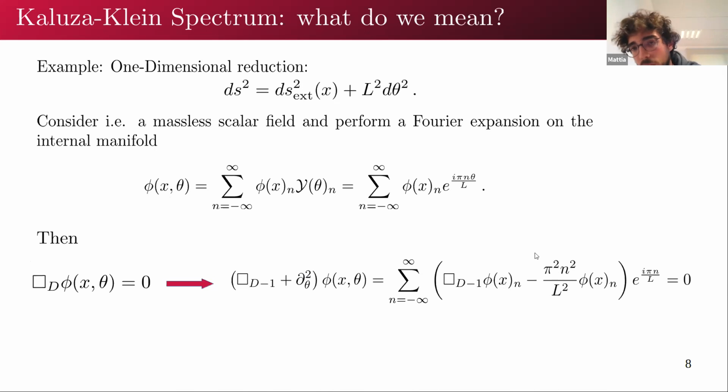It comes from the derivative on the circle, and is parameterized by the number n, which corresponds to the proper Kaluza-Klein level, and more importantly, is inversely proportional to the size of the compactification manifold. So what usually happens in a Kaluza-Klein reduction is that one takes these dimensions to be very small so that the mass blows up, and all the modes which are not massless, so not the zero modes, become extremely energetic and decouple from the theory.